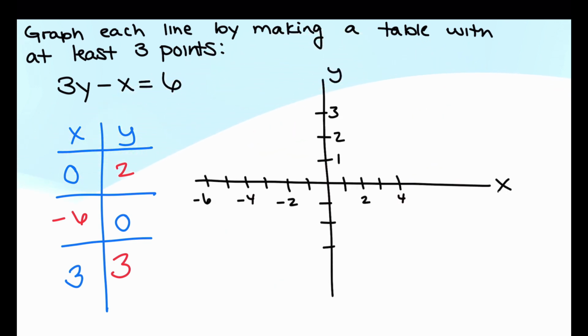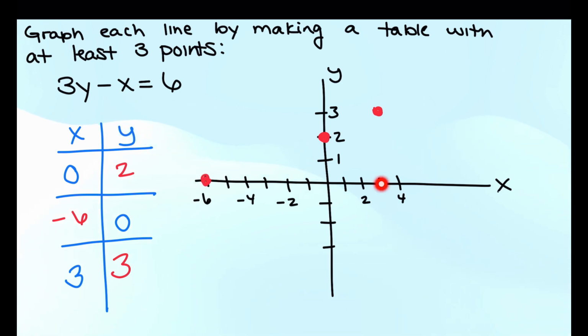Finally, the last step is to plot these 3 points in our rectangular coordinate system. These points should lie in a straight line. If they don't, that indicates that we probably made a mistake somewhere and we have to redo our math. So (0, 2): x is 0, y is 2. And then we've got (-6, 0): x is negative 6, y is 0.